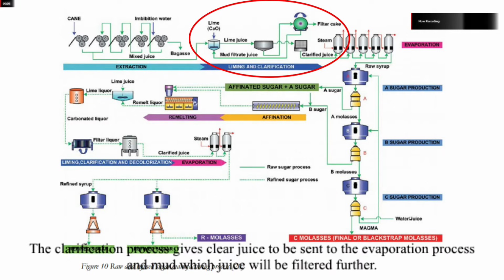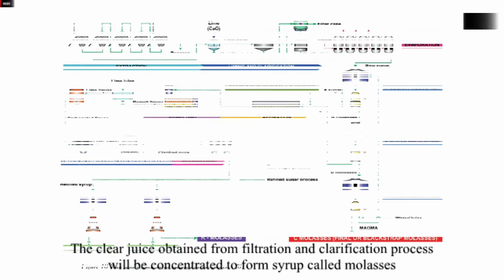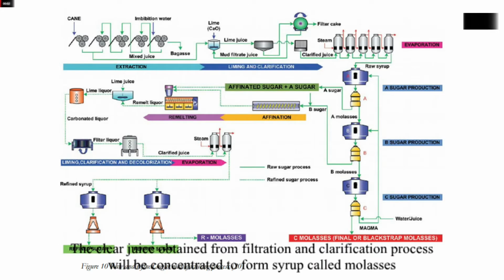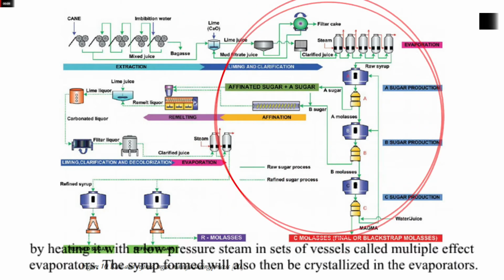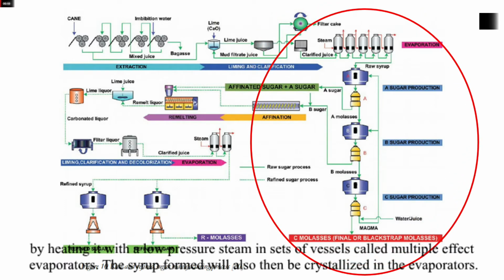The clarification process gives clear juice to be sent to the evaporation process and mud, which will be filtered further. The clear juice obtained from filtration and clarification process will be concentrated to form syrup by heating it with a low-pressure steam in sets of vessels called multiple effect evaporators.